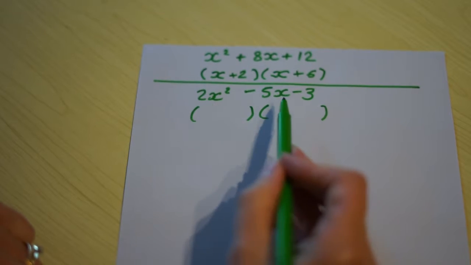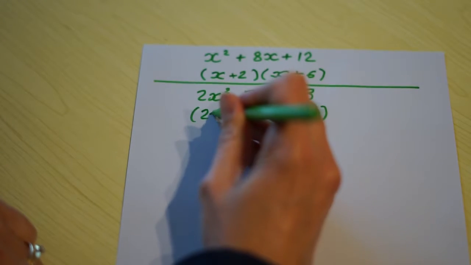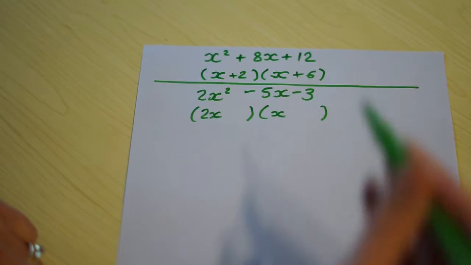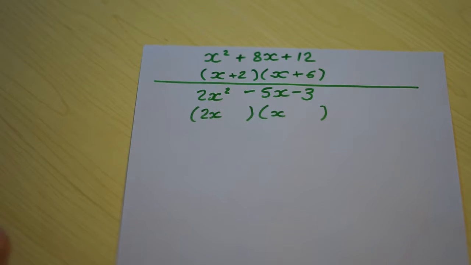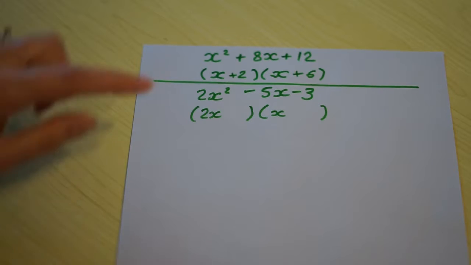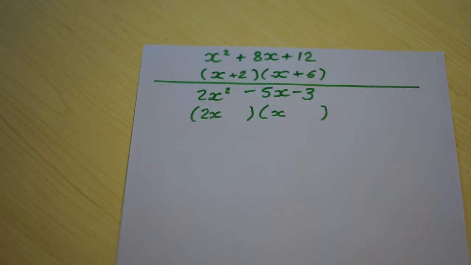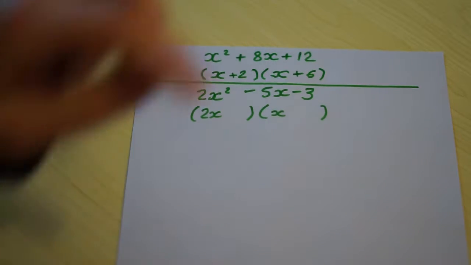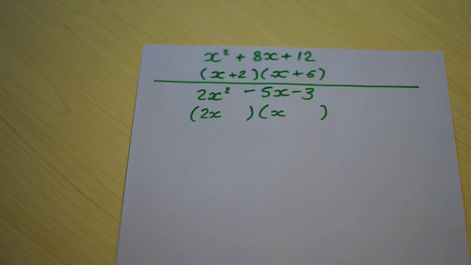So we know that these brackets must start with 2x times x to make the 2x squared, and must end either minus 1 times 3 or 1 times minus 3.